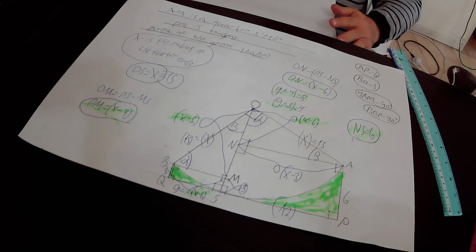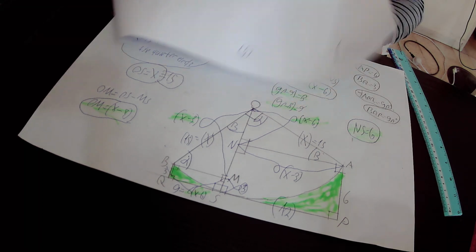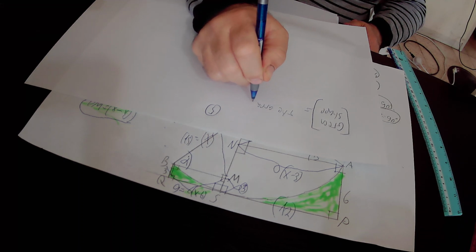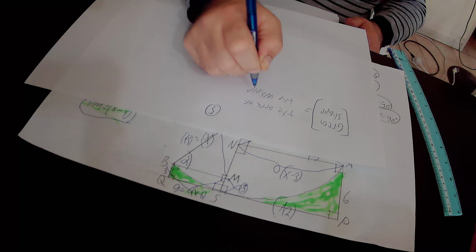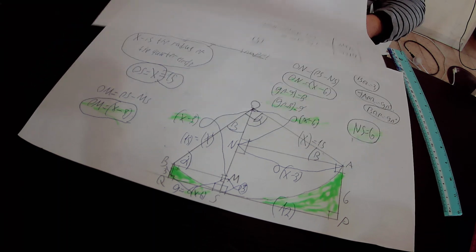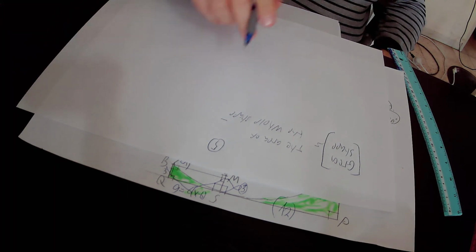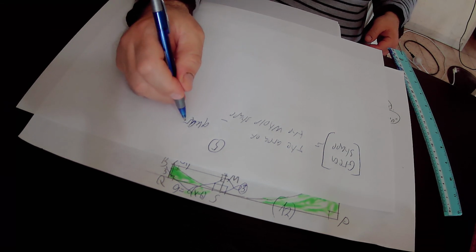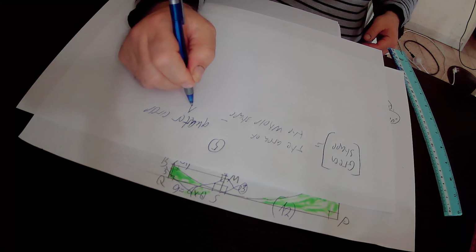The area of the green shape will be equal to the area of the whole shape, minus the area of this quarter circle OAB, minus the area of the quarter circle AOB.